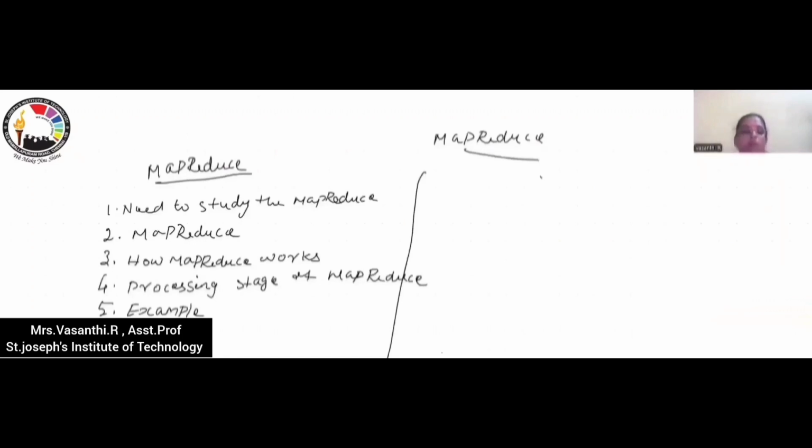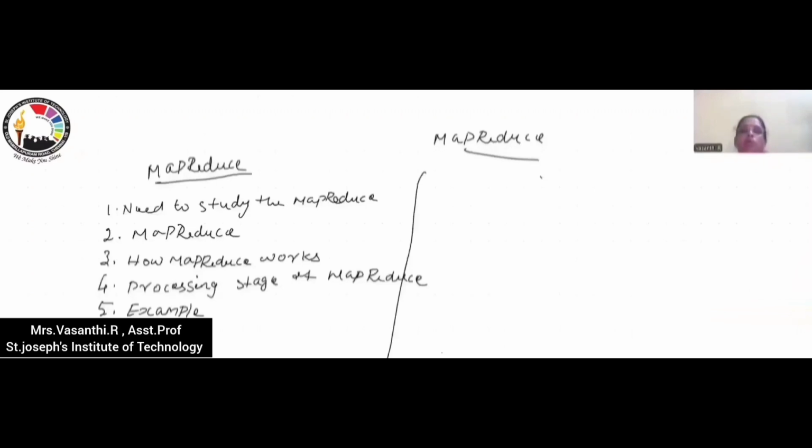MapReduce is a programming model for processing large data sets using parallel computing and distributed computing concepts. Actually, MapReduce is a framework or programming model, used to process the huge volume of data simultaneously and efficiently.